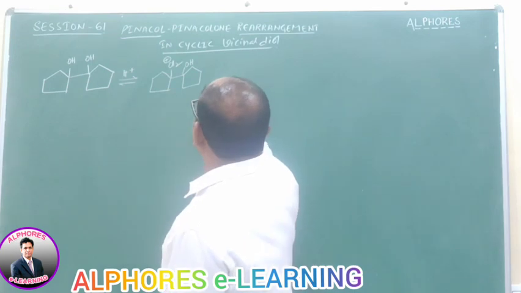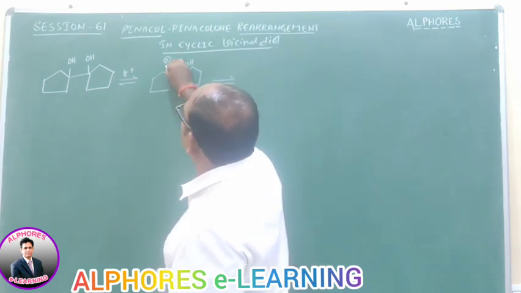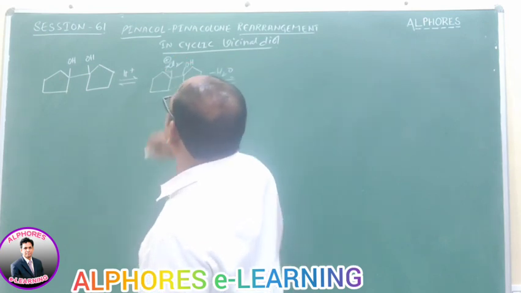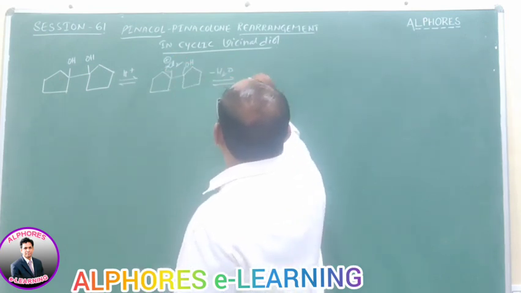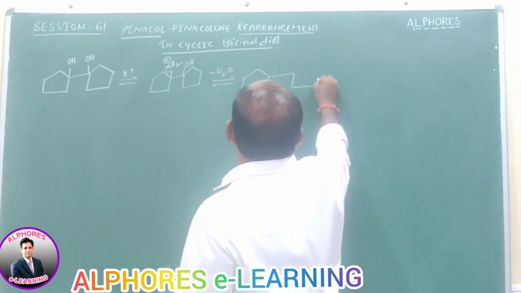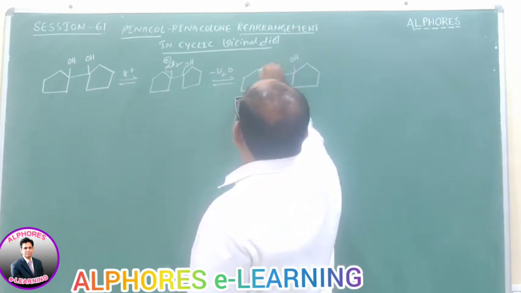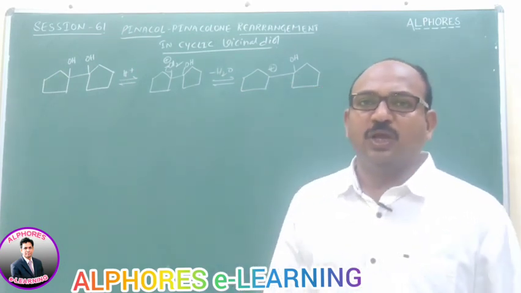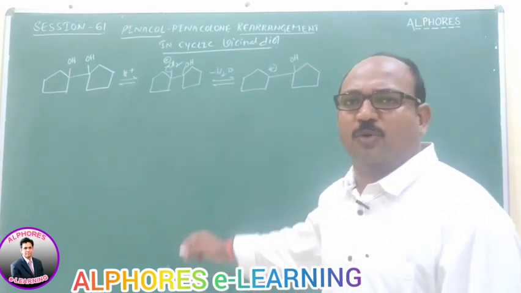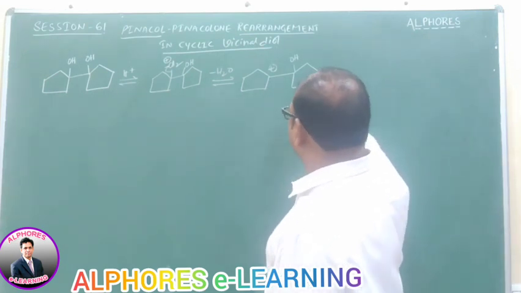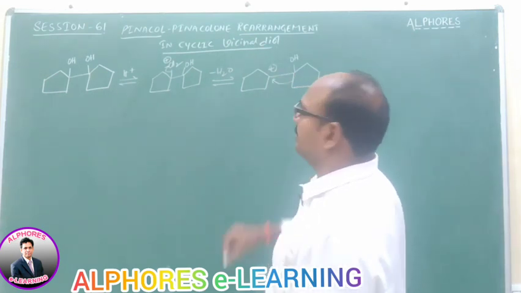Further, this OH2 plus will leave as a water molecule. Now we get a product with a positive charge here, formation of a carbocation. Which carbocation do we get here? A tertiary carbocation. And later, ring expansion.